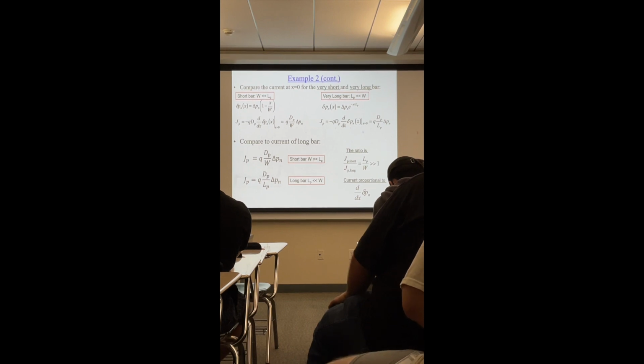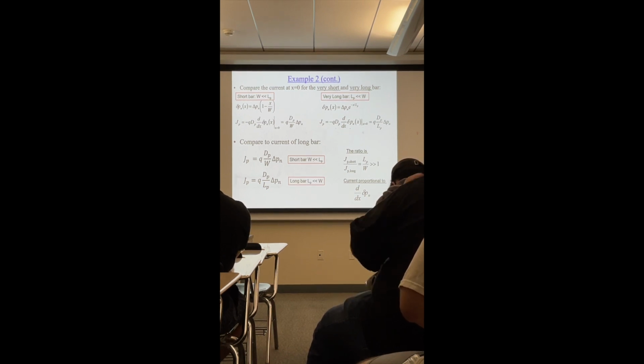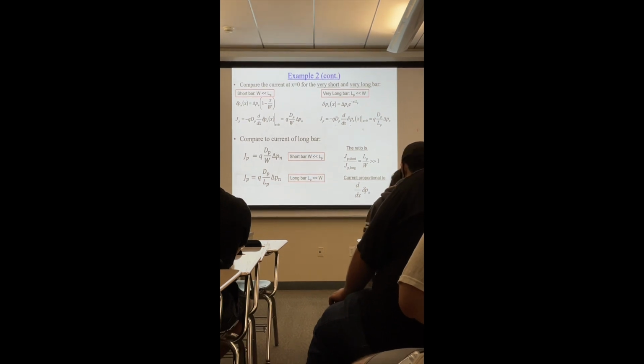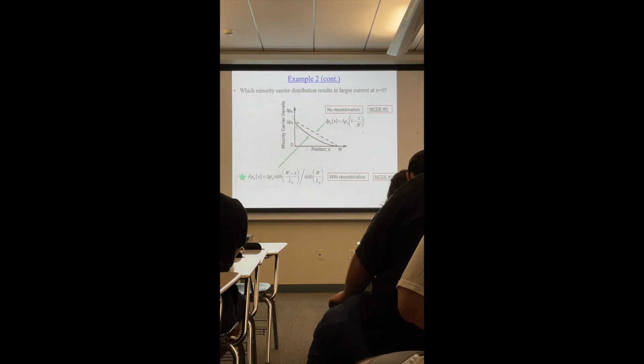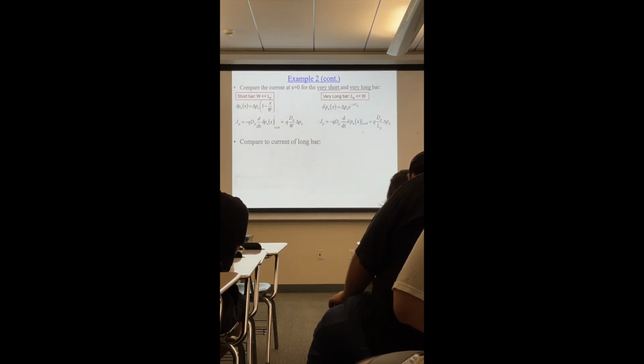So for the short bar, the current is much larger. Just remember that the current is proportional to the gradient of the excess carrier.